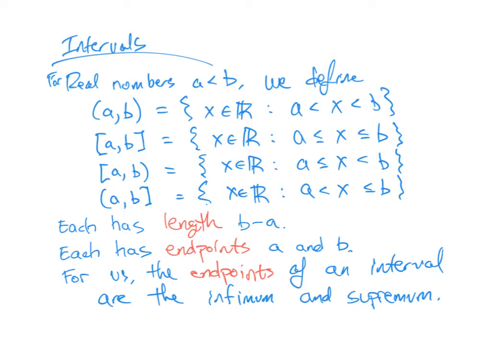Any questions so far? I hope you can look at those four intervals. Clearly the infimums are all a and the supremums are all b. So they've all got endpoints a and b.